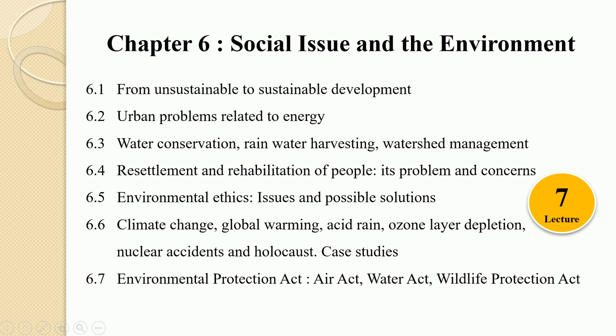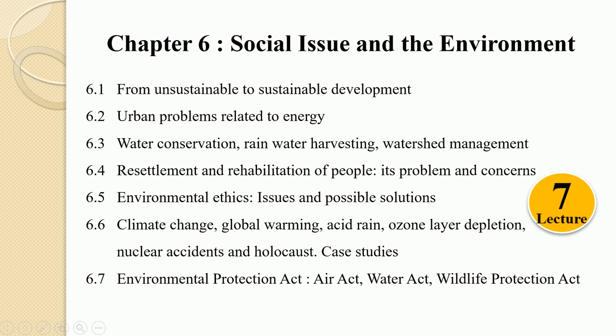Then environmental ethics, their issues and possible solutions. The next point is climate change, global warming, acid rain, ozone layer depletion, then nuclear accidents and holocaust. And we are going to discuss some case studies also on all these different kinds of issues.